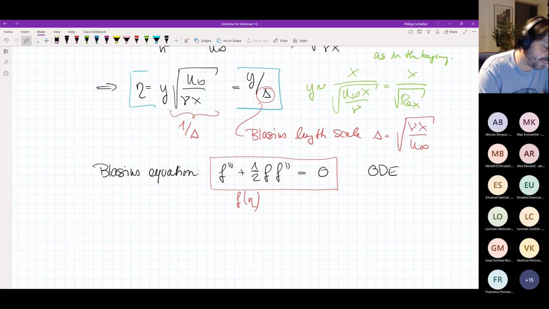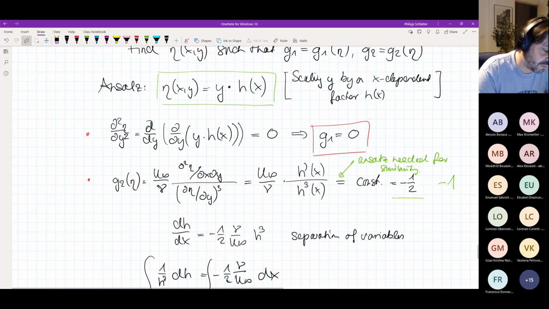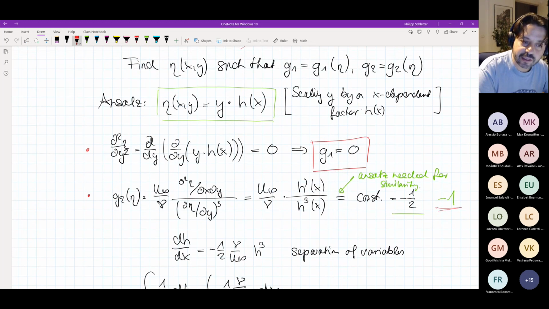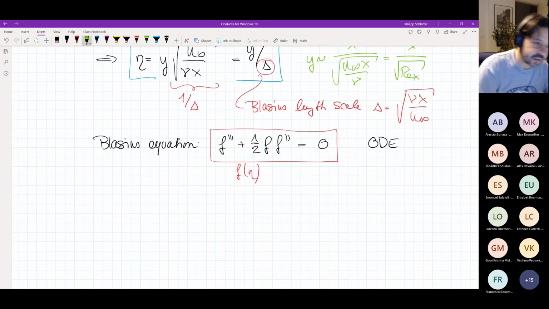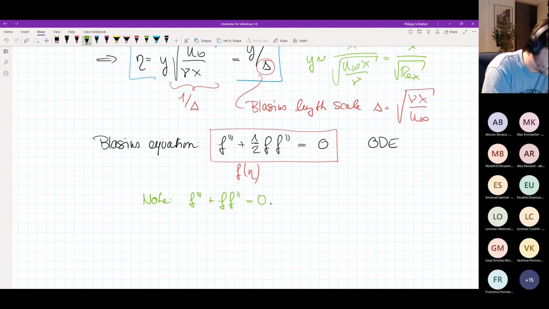As I was saying, some people write a -1 instead of -1/2 here. I would really like to add a note: if I had chosen a -1 there, then the Blasius equation would be f triple prime plus f times f double prime, without the 1/2, being 0.